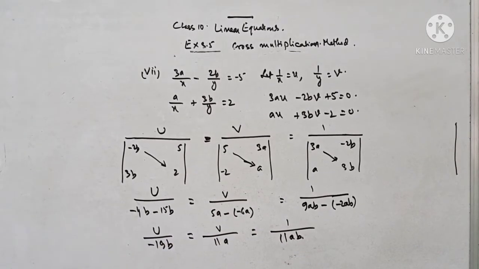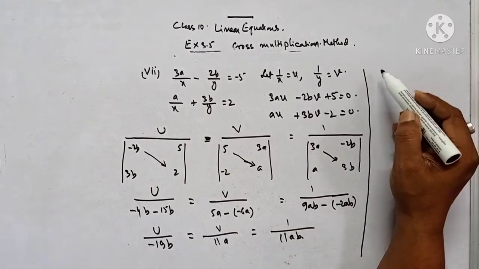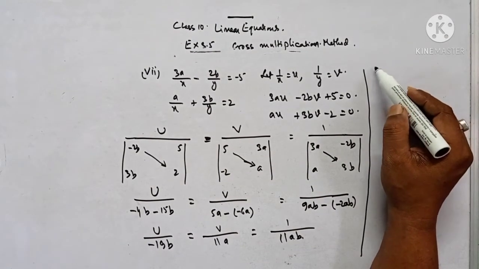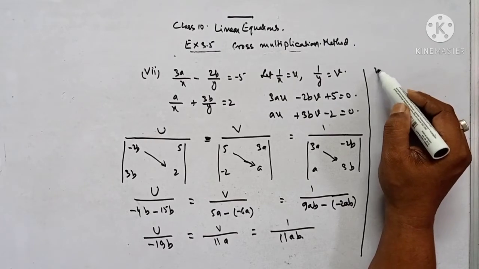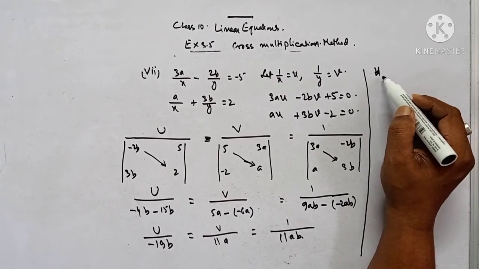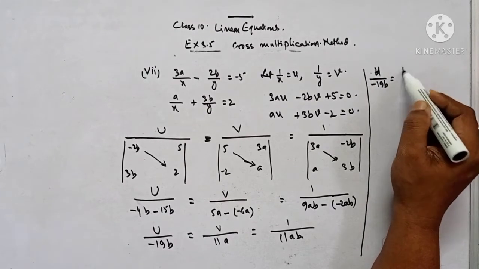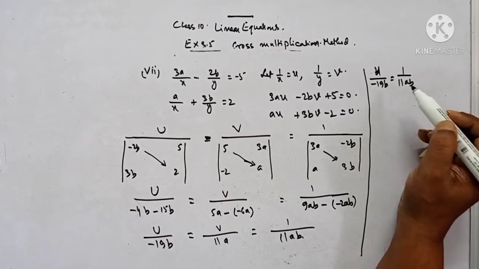It's okay. So here what I'm going to get is that u by minus 19b is equal to 1 by 11ab.